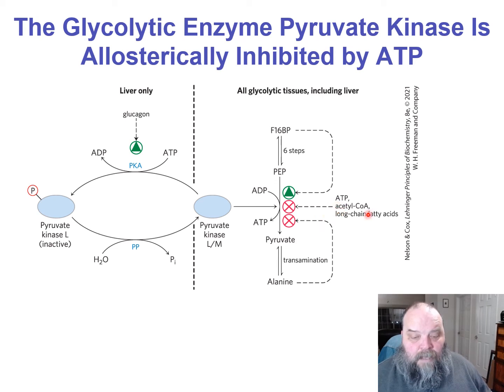If you have high levels of acetyl-CoA, not just the mere presence of a molecule, but remember, a lot of what we're talking about here in metabolism is not just a yes or no, on or off, but a threshold event. Have high levels of acetyl-CoA, then this gets inhibited. No reason to do it. High levels of long-chain fatty acids, no reason to do it, because those long-chain fatty acids are going to be cut, turned into acetyl-CoA and then fed into the citric acid cycle.